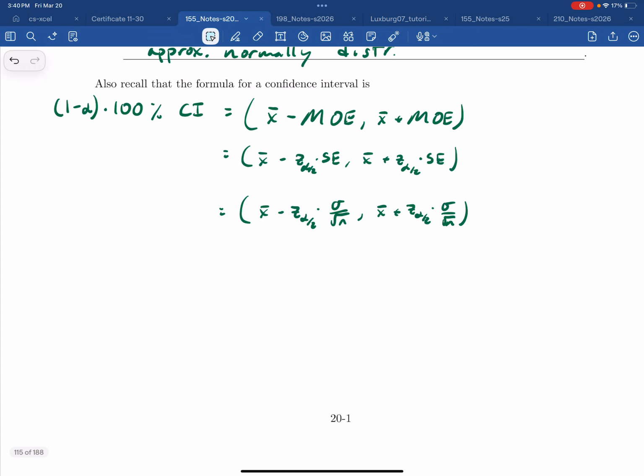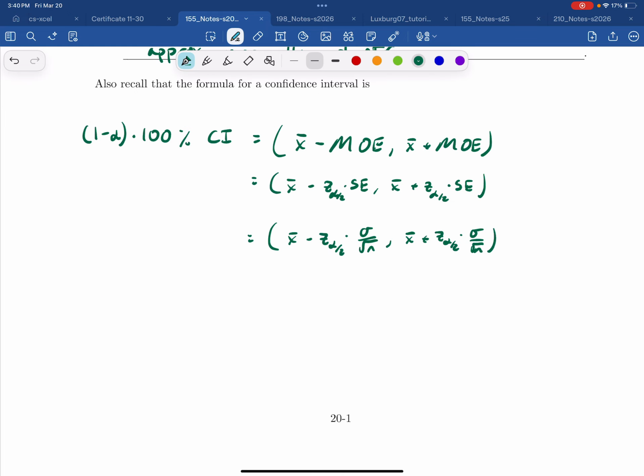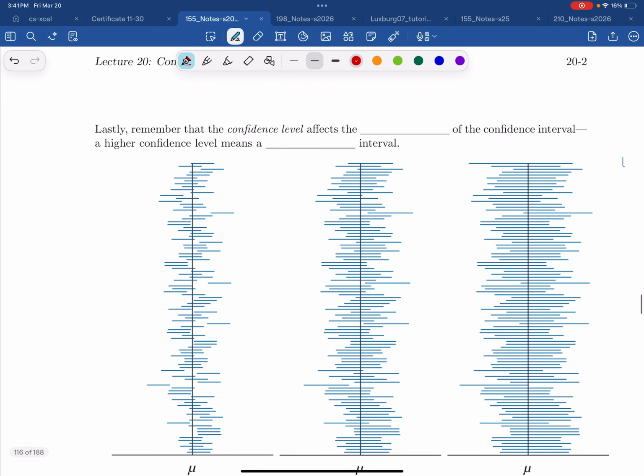However, we are going to learn something today that does require you to know the formula for the margin of error. So just to point out here in parentheses that the margin of error equals our critical value times our standard error, which is our critical value times sigma over root n. Just keep that in mind, okay?